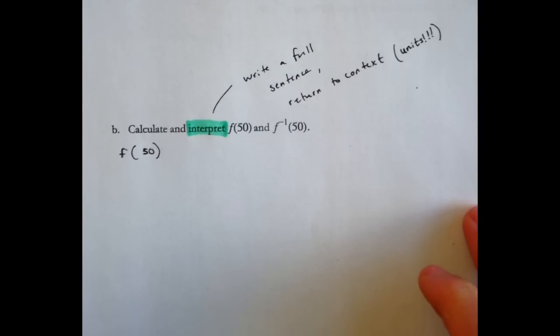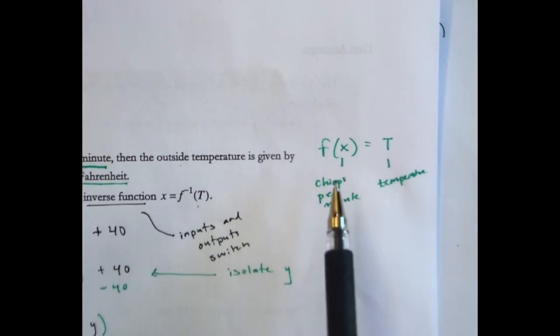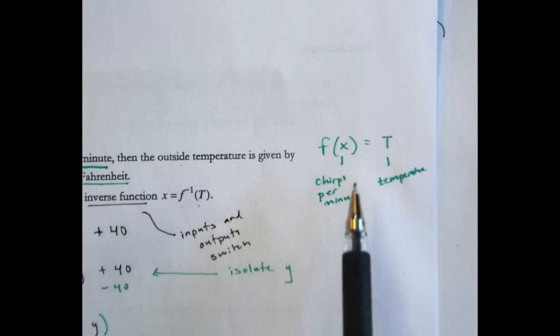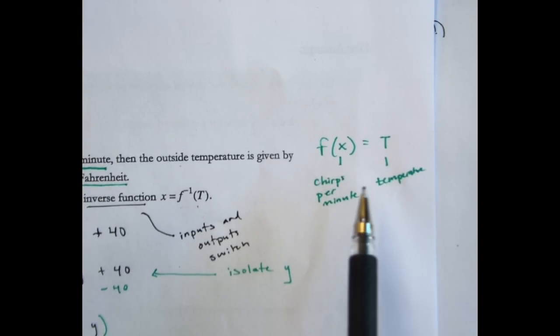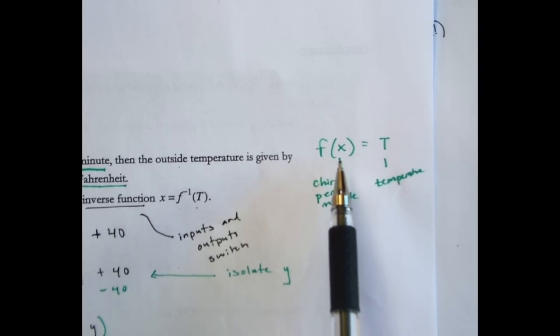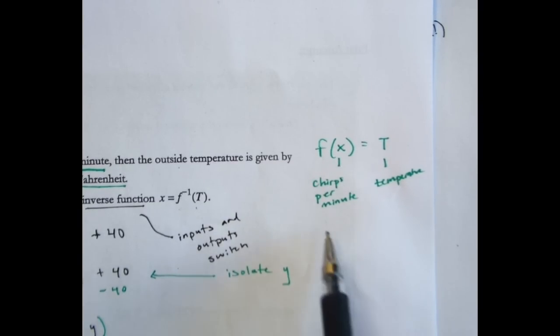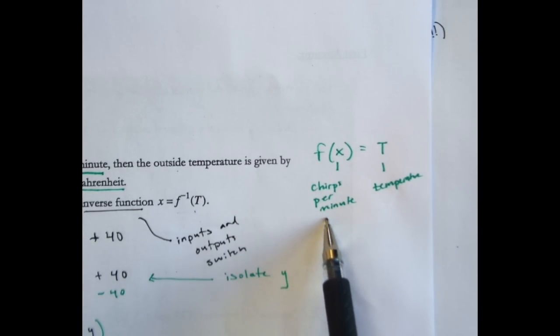Returning to the problem, I can see that in the original function f of x, the input x represented chirps per minute and the output represented temperature. So f of 50, therefore, is going to represent something about 50 chirps per minute. What I'm really trying to do when I interpret is figure out what the units are of whatever's in the parentheses. In this case, the units are chirps per minute.